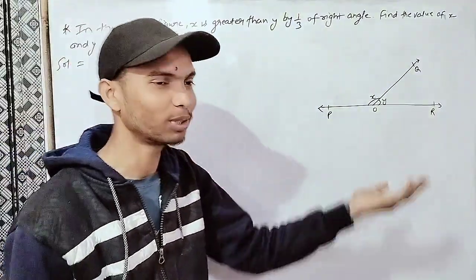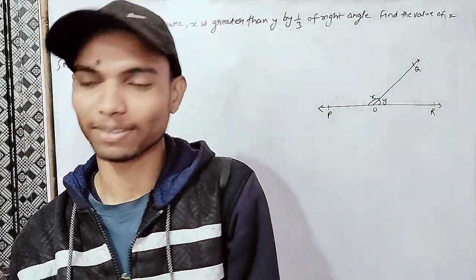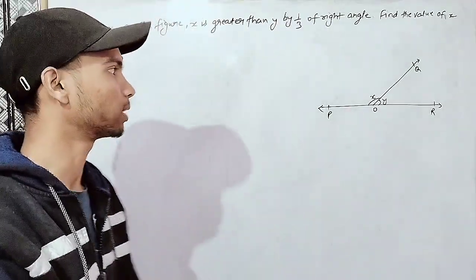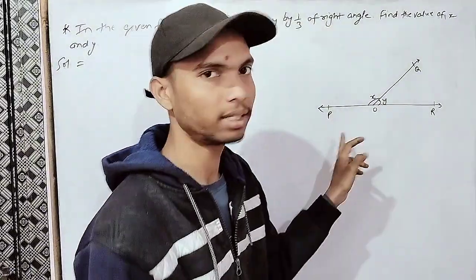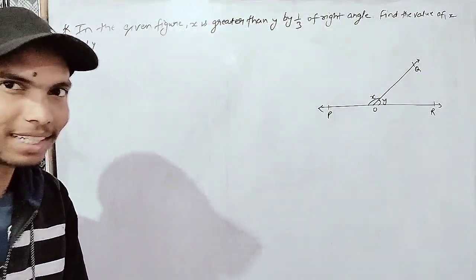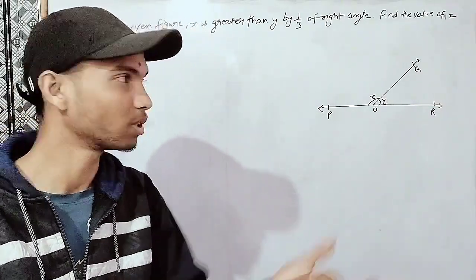Here you can see we don't have any given number in mathematics. How would we be able to find out? So this is a straight line, and supplementary. The sum of angles is how much? 180.